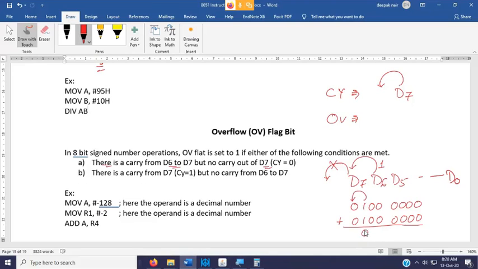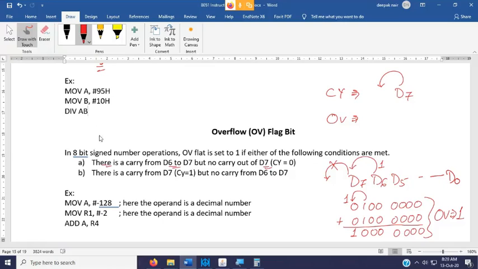So the answer is 10000000. But now you see there is no carry from d7 onwards, so definitely this summation is going to set the overflow flag. So this is the first condition, that carry should be generated from d6 to d7 but no carry from d7 to higher bit.